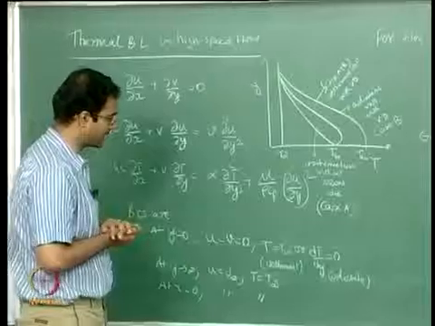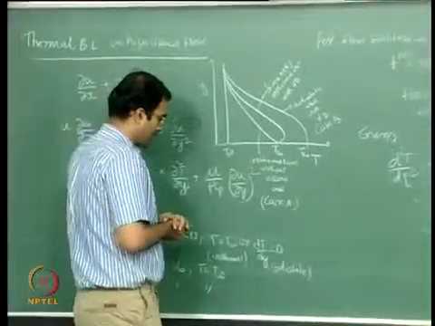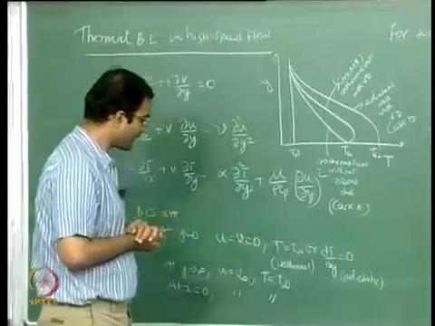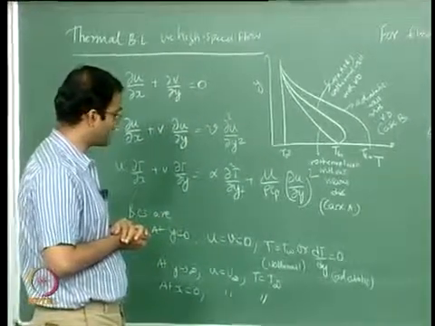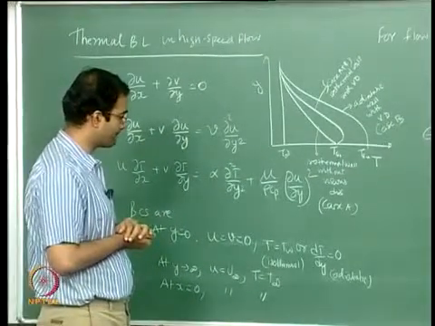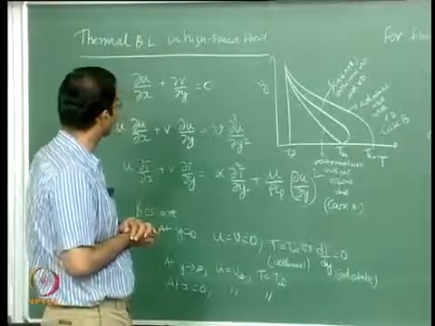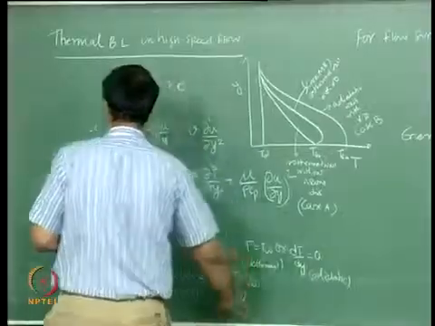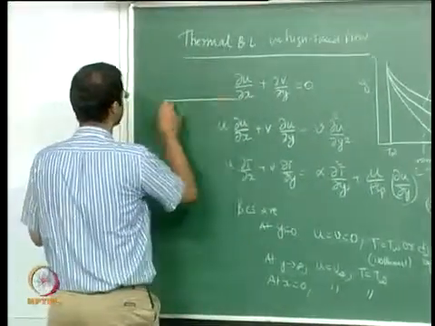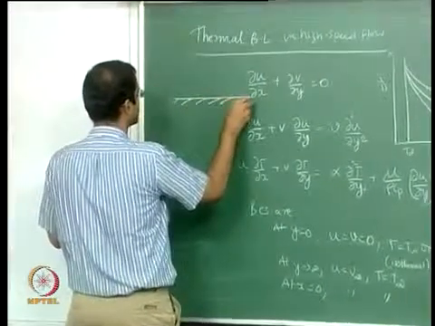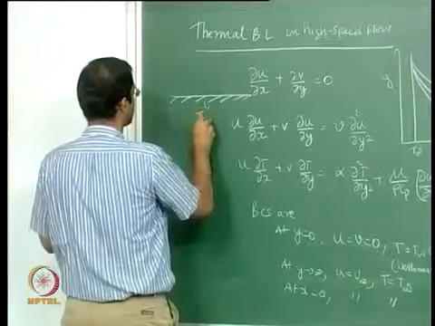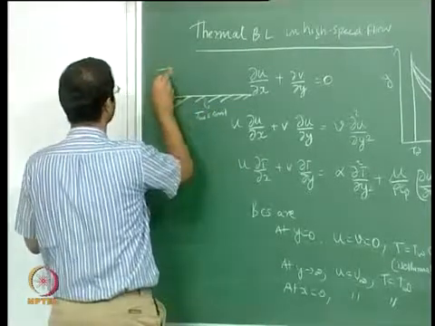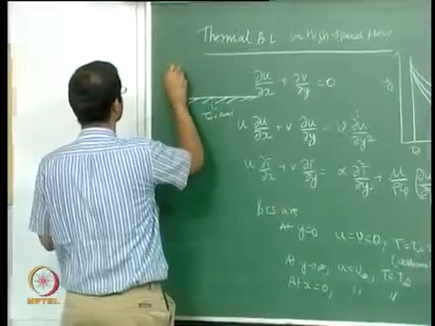For the flow it is very straightforward. As far as the temperature is concerned, you can have two conditions. One, you can have an isothermal wall, and in fact this is what we are going to see in this particular case. We are going to consider a flat plate where the temperature at the wall is isothermal, constant, and you have a very high speed flow.